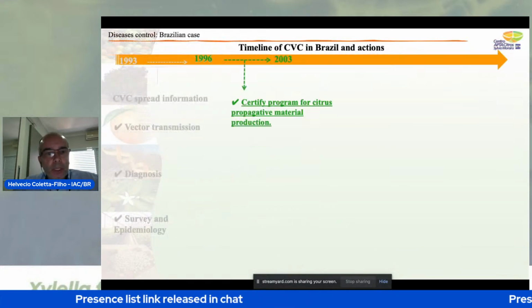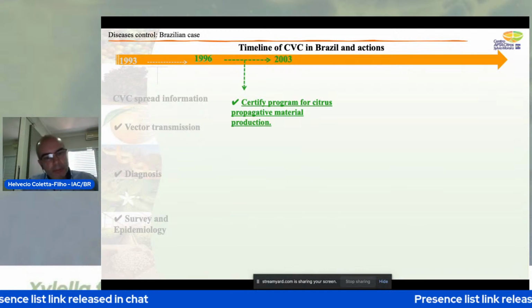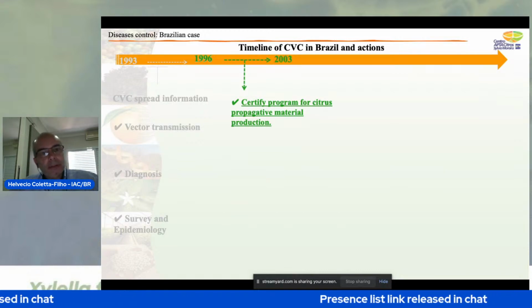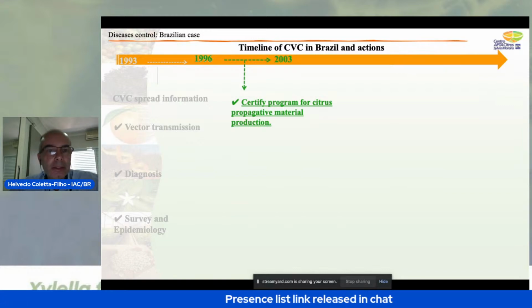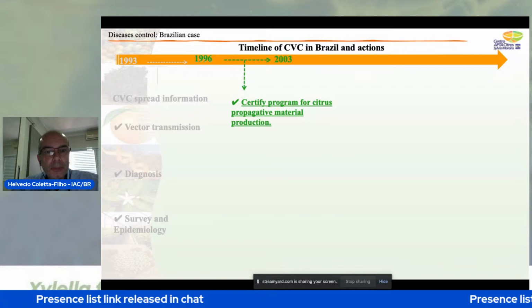Based on this previous information, in 1996 a discussion started about a certified program for citrus propagative material.